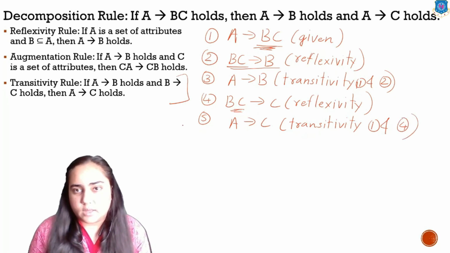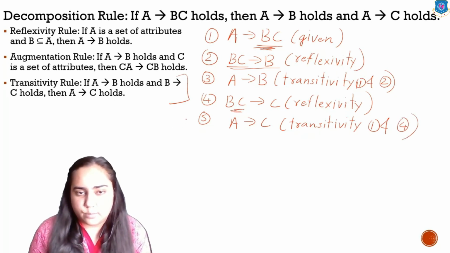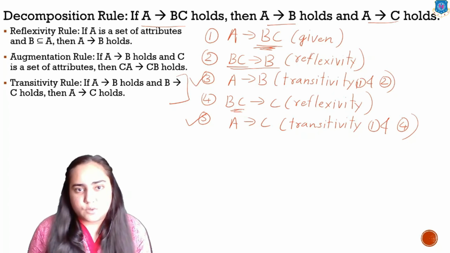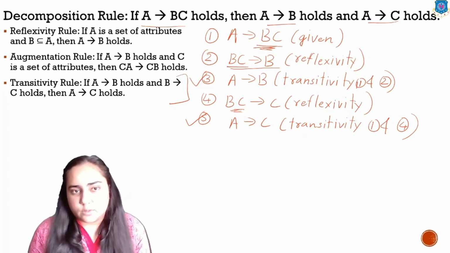And you can see I have successfully proved that A determines C and also that A determines B, which I was supposed to prove, given that A determines BC, which was already given. So this is the decomposition rule. This is the proof using the three basic rules which are available to us.